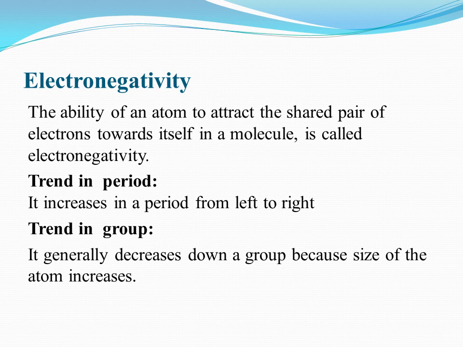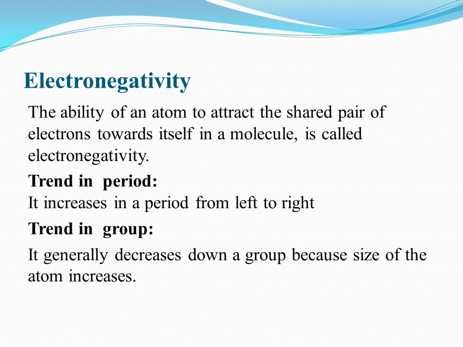The trend of electronegativity is the same as that of ionization energy and electron affinity. It increases in a period from left to right because higher effective nuclear charge shortens the distance from the nucleus of the shared pair of electrons. This enhances the power to attract the shared pair of electrons.